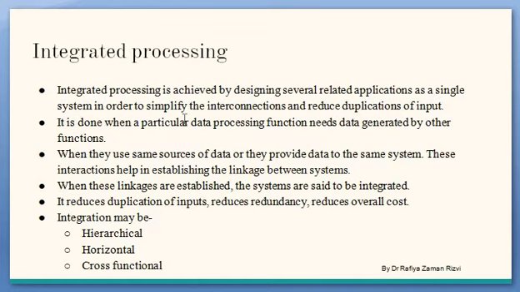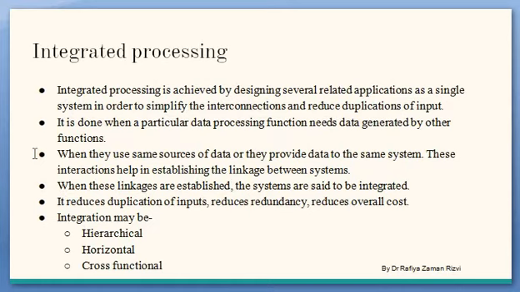It is done when a particular data processing function needs data generated by other functions. Okay, so basically in an MIS there are many systems that require the same input.